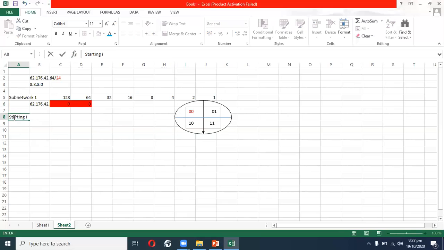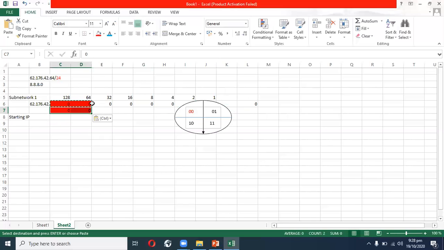So the starting IP of the first subnetwork will be, because these are fixed, first we will make all the other bits 0. So when we add all zeros, we get 0. Second, let me just copy it. The second step is to make them all 1. So this will be 1, 1, 1, 1, 1, 1.